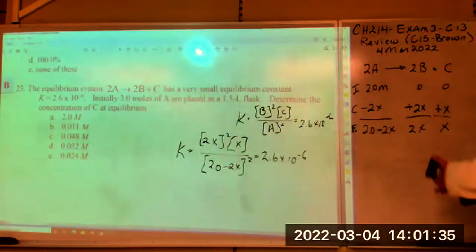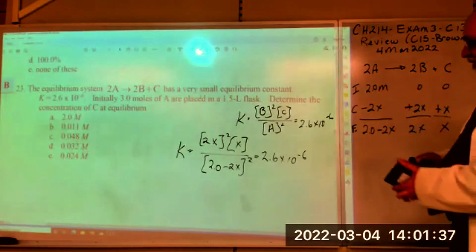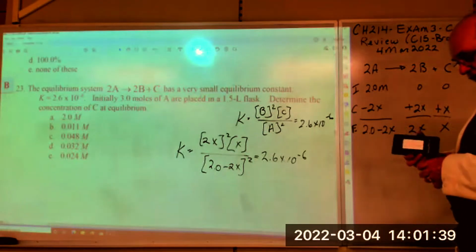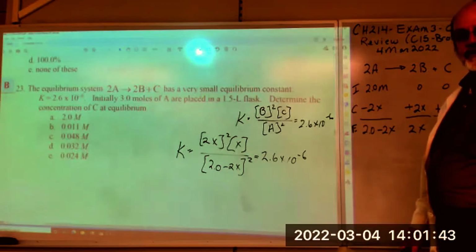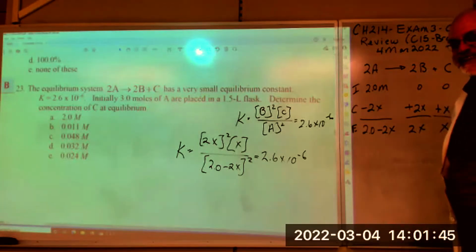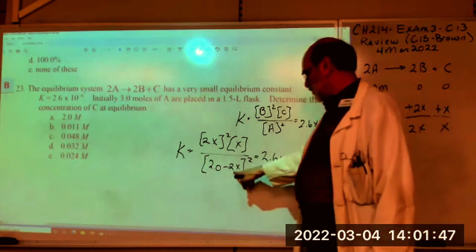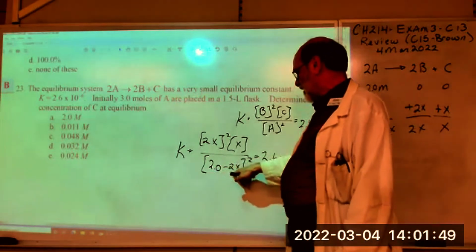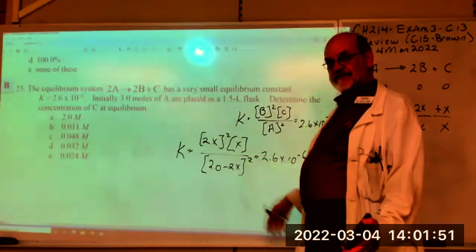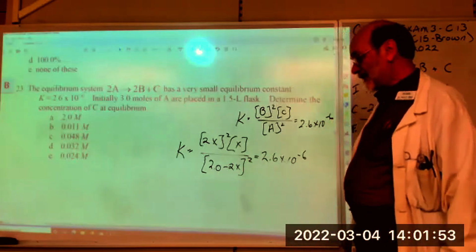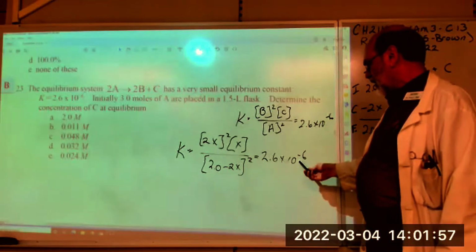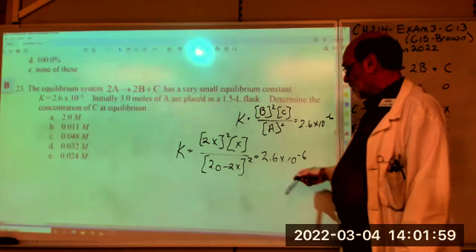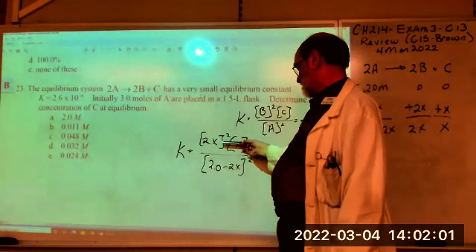Okay. If we keep it as is and solve for x, what are we looking at? A quadratic. Right. You can see this one expanded. This one times itself would give you the ABC terms of a quadratic. But notice that this is very, very small. So you're not going to have a whole lot of this up there.